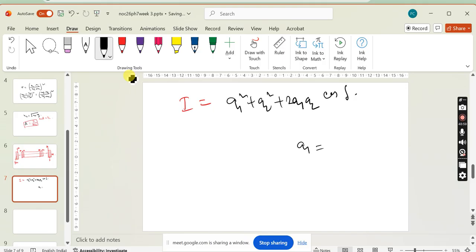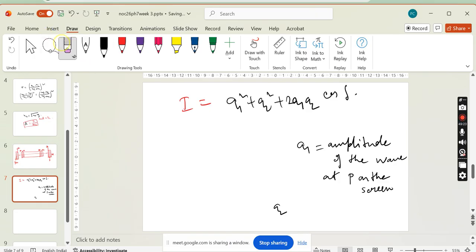Here A1 is the amplitude of the wave disturbance at point P on the screen due to slit 1.